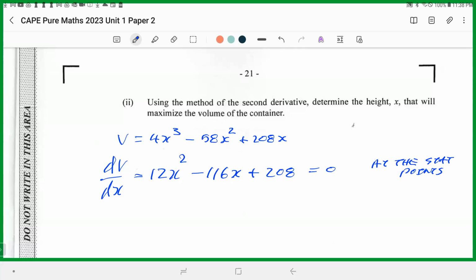Which one is maximum? Which one is minimum? So let's find the values of x first.